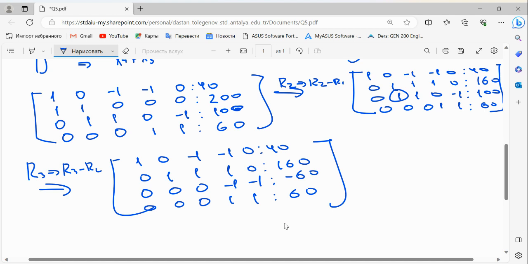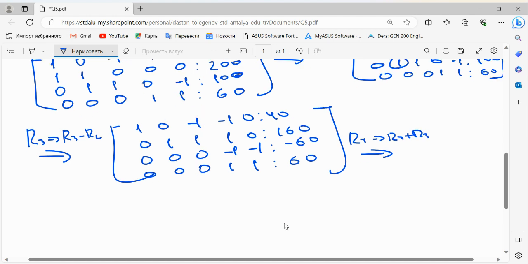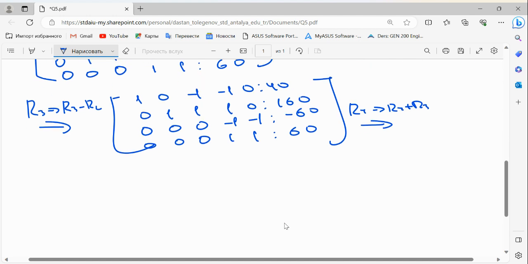The next operation is R4 is R4 plus R3. So what will we get? 1, 0, minus 1, minus 1.